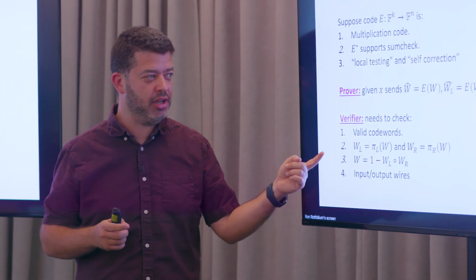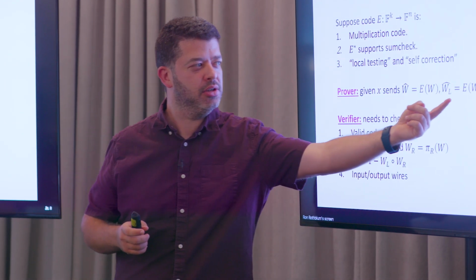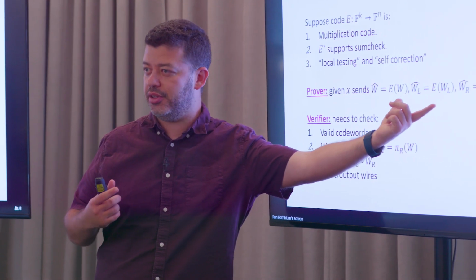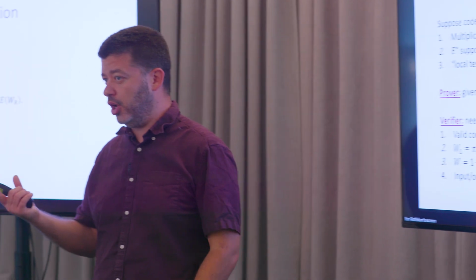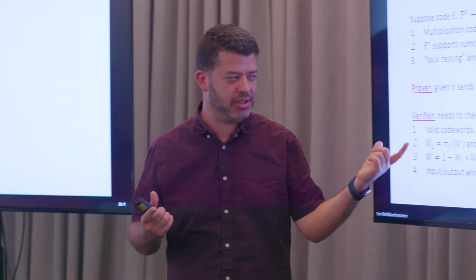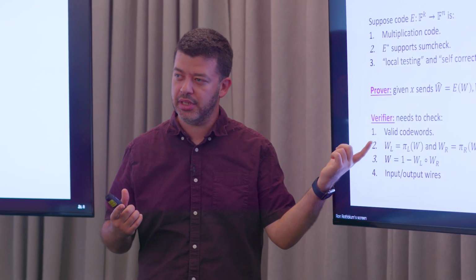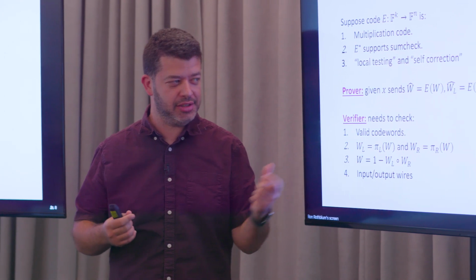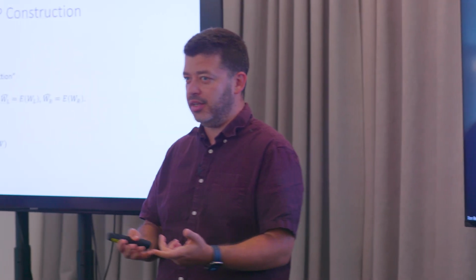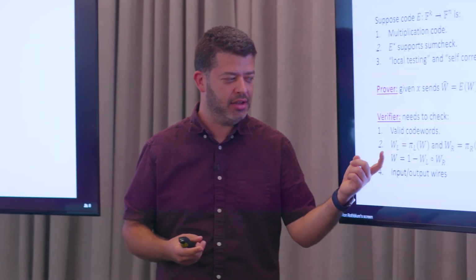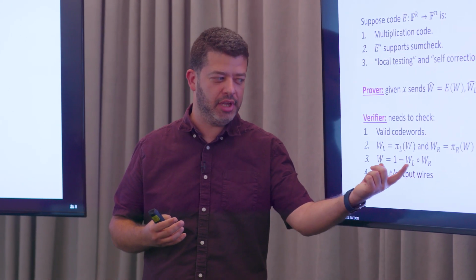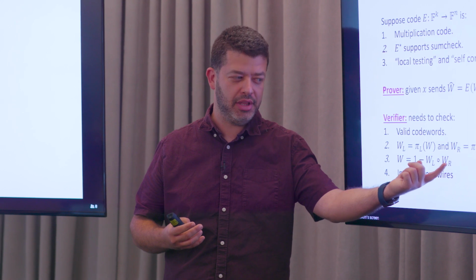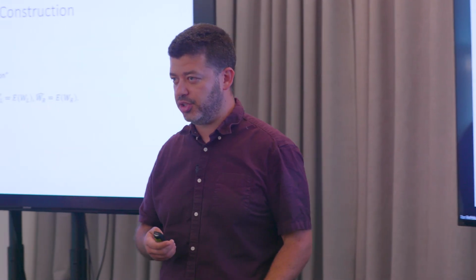Second thing that I want to check is that WL was computed correctly according to the correct permutation from W, and similarly for WR. I call that a permutation test. Third thing is that the NAND gates were computed correctly. So if I look at every index I, WI is actually equal to the NAND of WL in position I and WR in position I. That's what this expression is about.